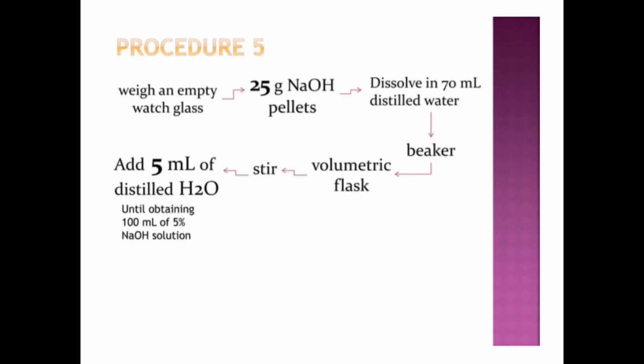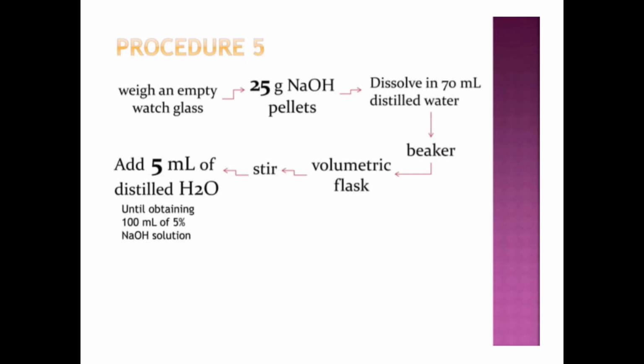After transferring to the volumetric flask, you stir again. By the time you stir, you now add the 5 ml of distilled water to it. The first 70 ml is to dissolve the 25 grams.